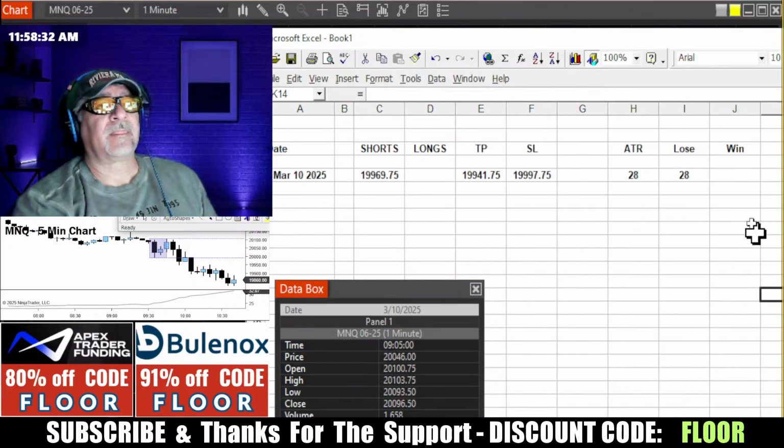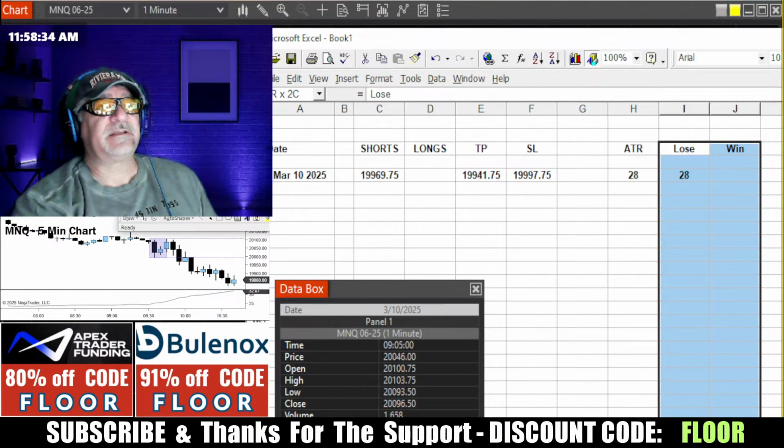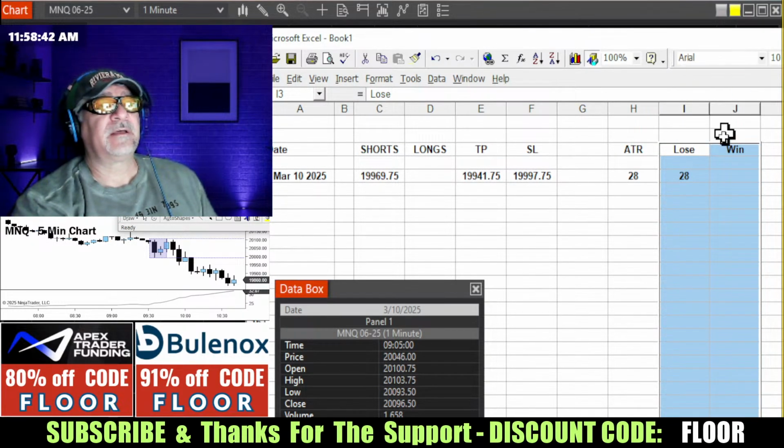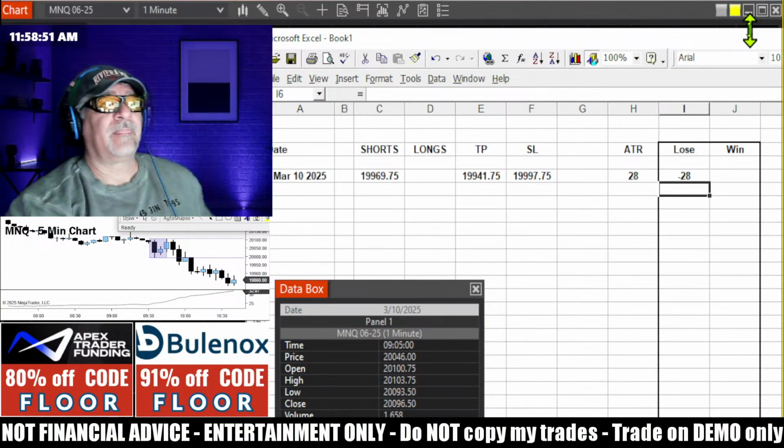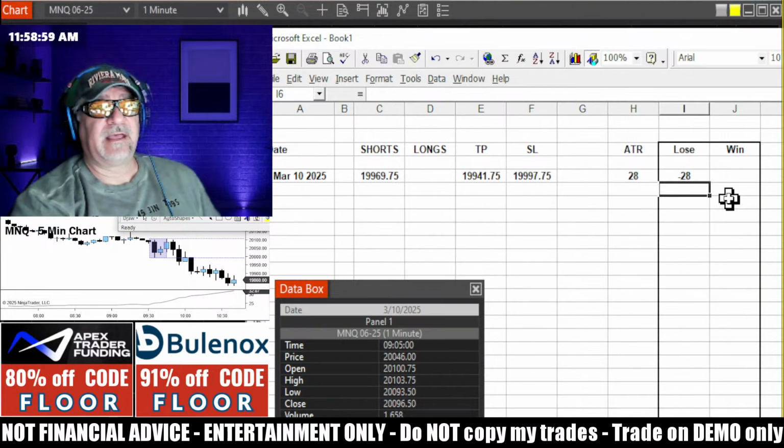So this is the column we're interested in, winners or losers, but there's also something else we're interested in. Actually, we're going to make this minus 28. So it's minus the ATR. There we go. Because we saw the 1 minute chart, we saw that it lost. So what I want to know is also, I want to track if I'm using the ATR for the stop loss, unlike they're using the opposite side, I want to know if they actually won on that trade.